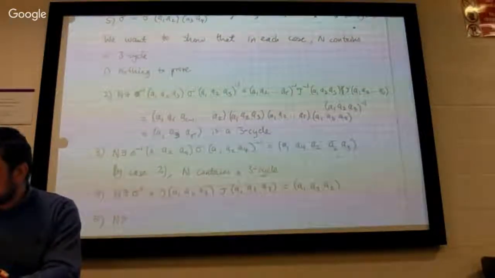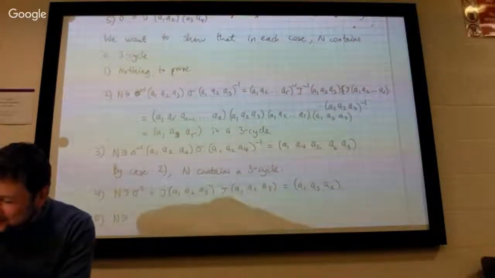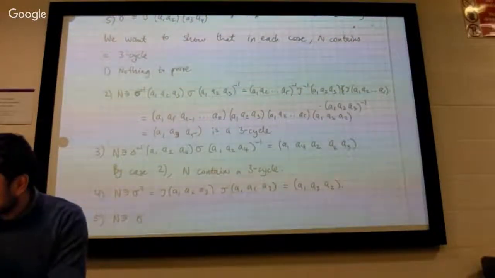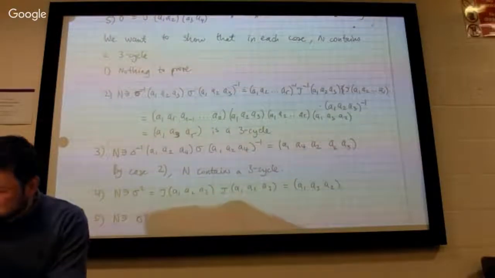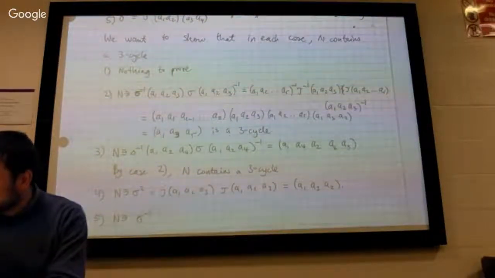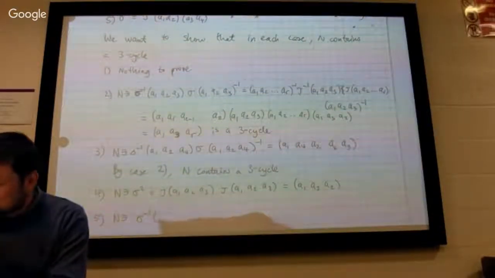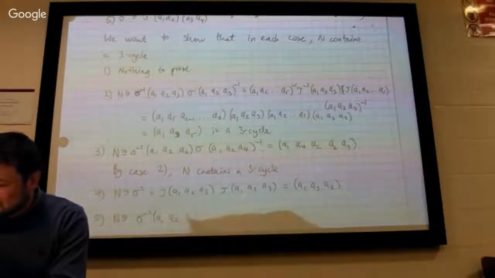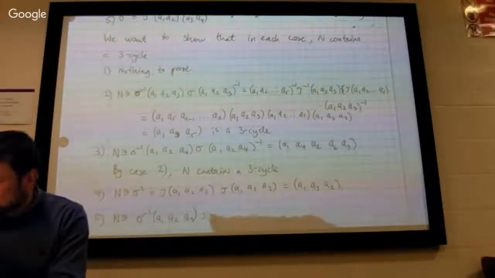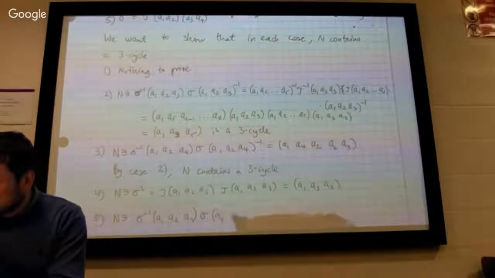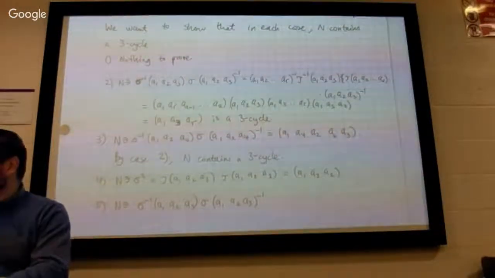So N contains, by the same principle as we've had before, sigma inverse A1, A2, A3, sigma A1, A2, A3 inverse.